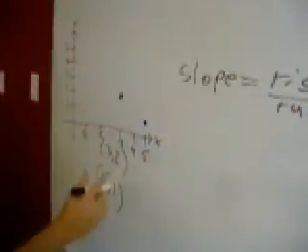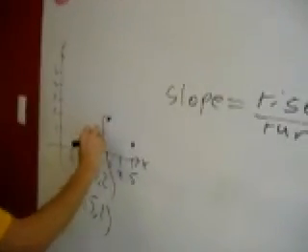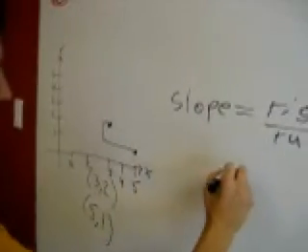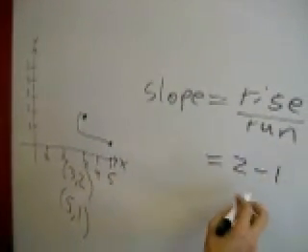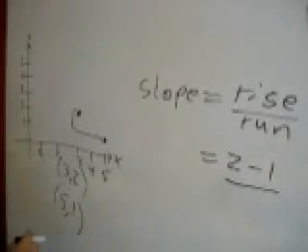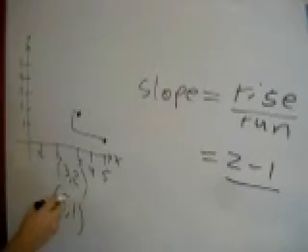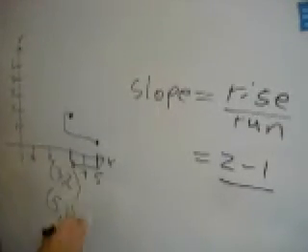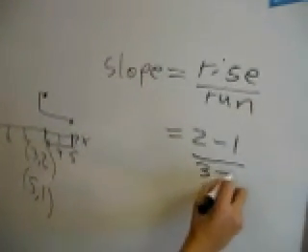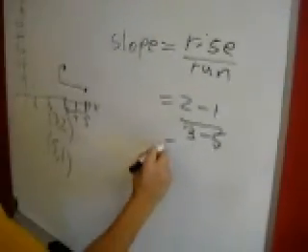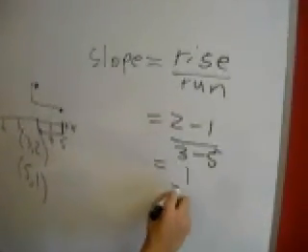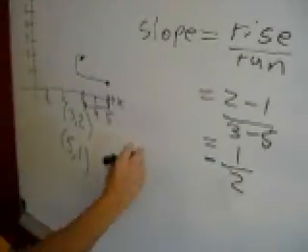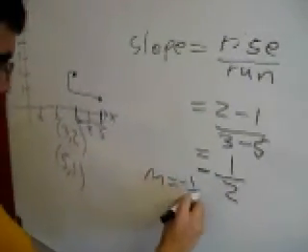So with these 2 points here, our rise is the difference between 2 and 1, so 2 minus 1, over the run, which is from 3 to 5 here, so 3 minus 5. So we simplify this to 1 over 2 with our negative sign here. So we got our slope equal to negative 1/2.